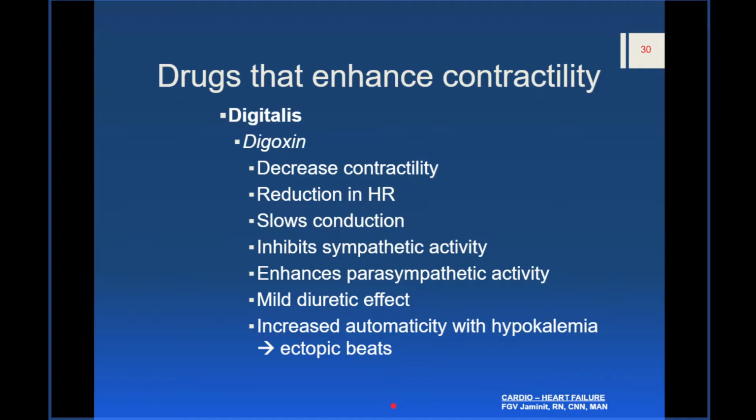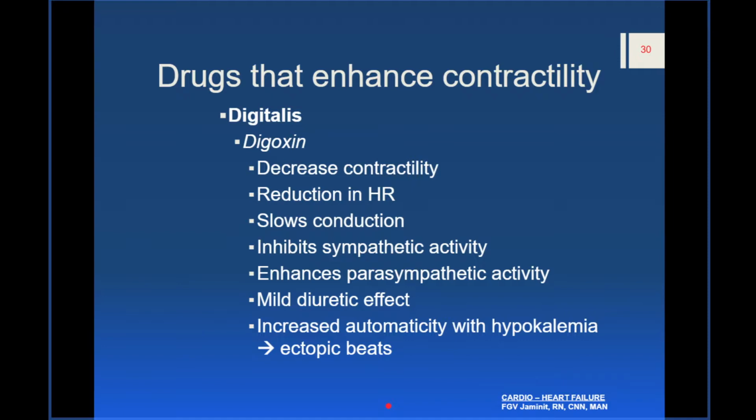So digoxin decreases conduction, meaning it can also reduce the heart rate of the patient. It slows down the conduction, meaning if we describe it using the dromotropic effect, there is a negative dromotropic effect. So digoxin has a positive inotropic effect and a negative dromotropic effect.